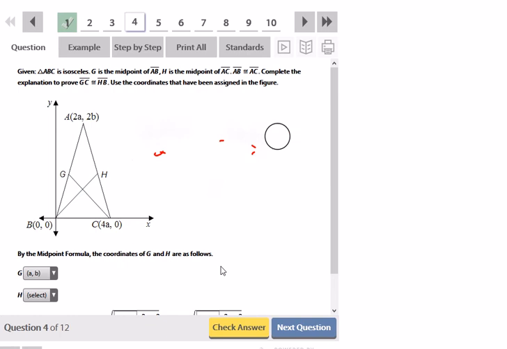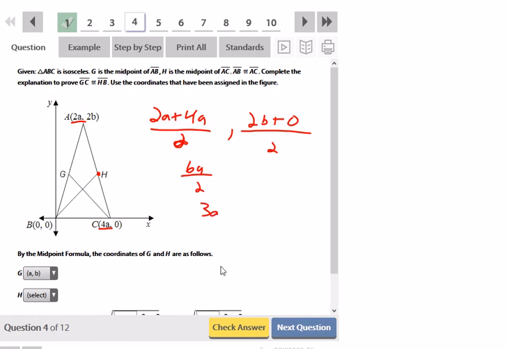For point H, which is here, that's going to be 2A plus 4A if I add the x's of A and C divided by 2, comma, 2B plus 0 divided by 2, so that's 6A over 2, which is 3A, and this is just comma B. So H is at 3A, comma B.